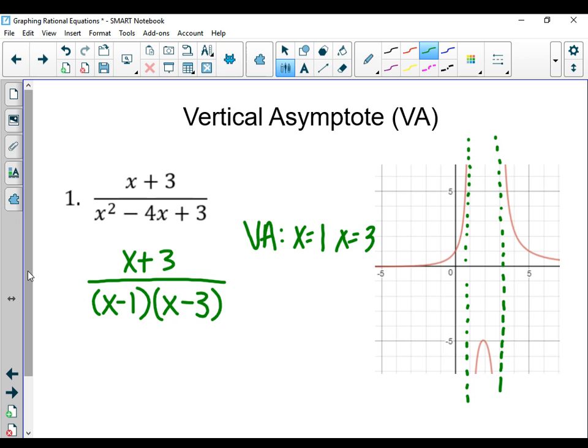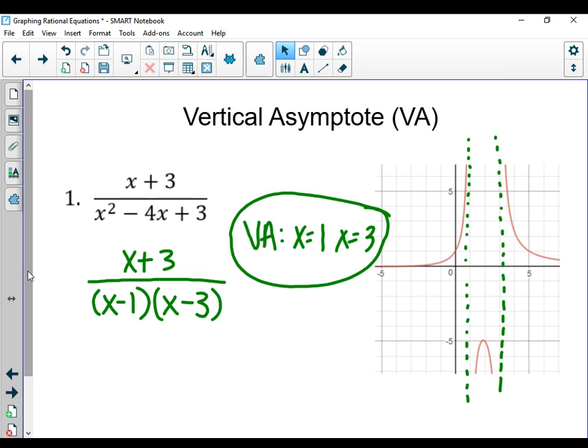Vertical asymptotes are these little dotted lines that say, I know you said I can't equal 1 and I can't equal 3, so these are your boundary lines. You can be anywhere else but that. So that's what you are finding in terms of this graph.